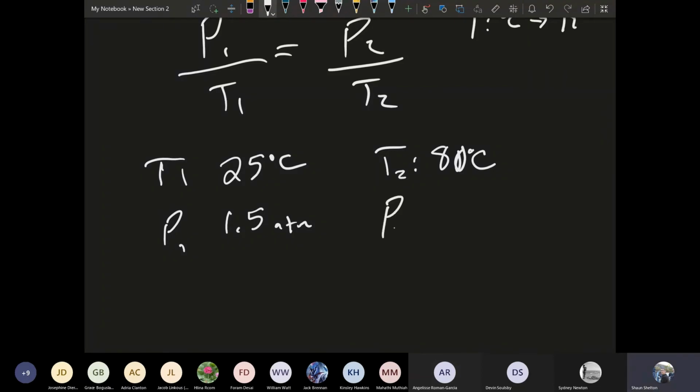And then the pressure, well, we're going to figure out what that is. So the question is, if the temperature goes from 25 degrees Celsius to 80 degrees Celsius, what's the pressure going to be at that 80 degrees Celsius mark? I'm going to give you guys about 3 minutes here. I want you to calculate the pressure of this bottle at that temperature. Can y'all do that for me?